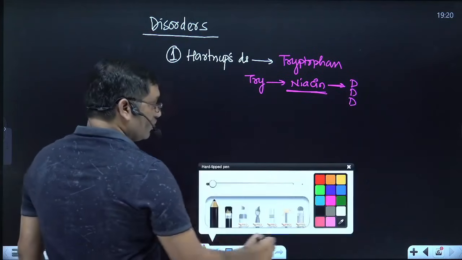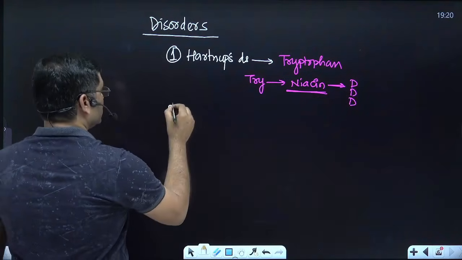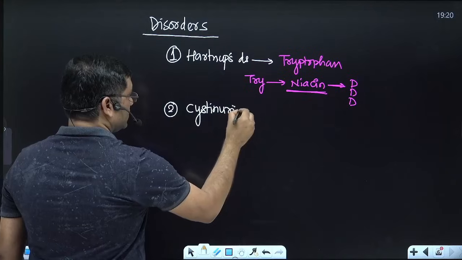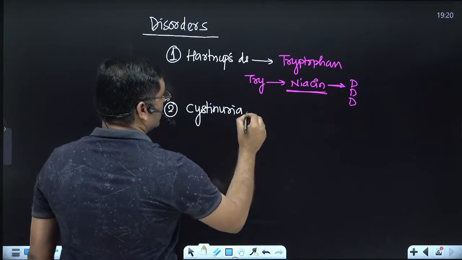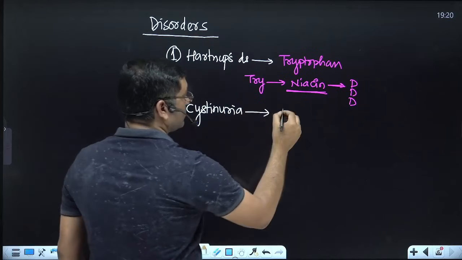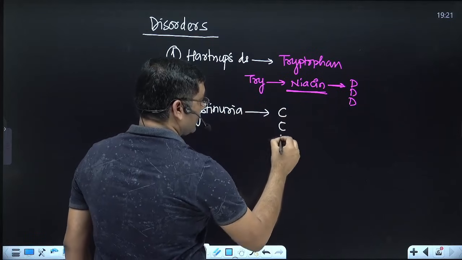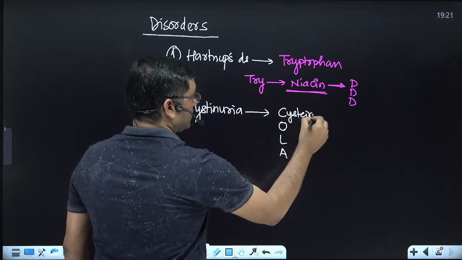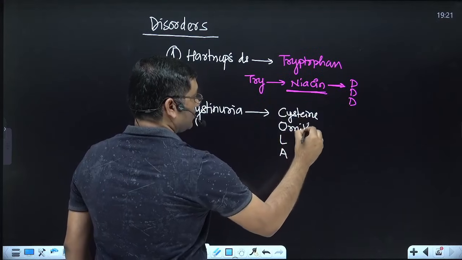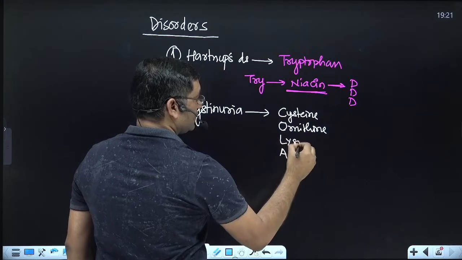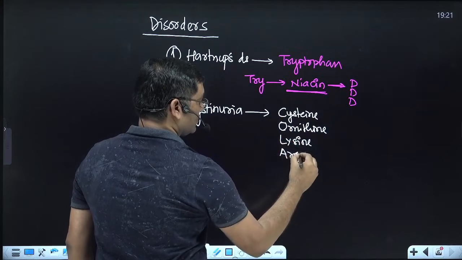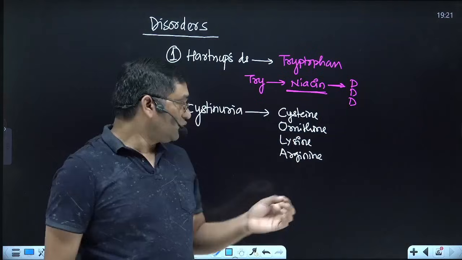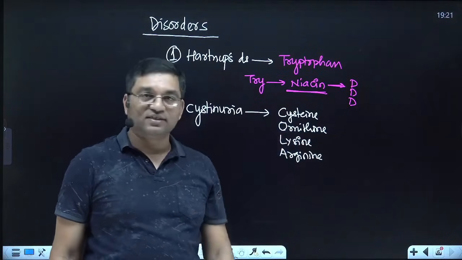Now the second important disease is cystinuria, lysinuria. There is a defect in the absorption of cysteine, ornithine, lysine, and arginine. There is a defective intestinal as well as renal tubular transporter of cysteine, ornithine, lysine, and arginine.